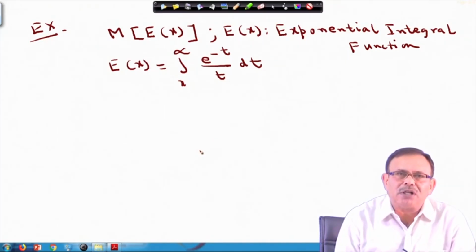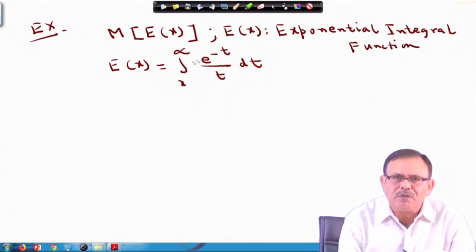The function is a little bit peculiar, but this type of function appears in various real life problems. We have taken examples which are very frequently used, so that you can directly use the Mellin transform of these particular functions.